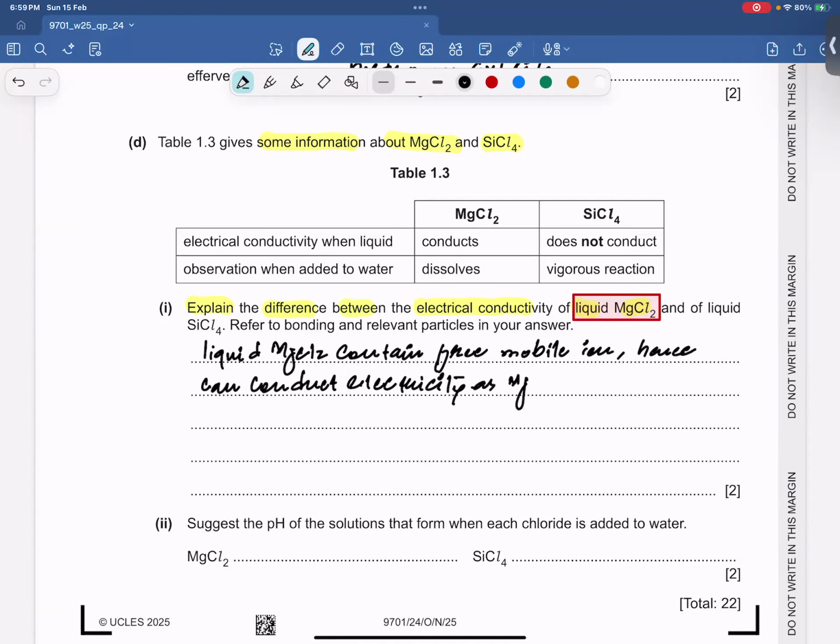As MgCl2 is ionic compound. On the other hand, SiCl4 is basically a liquid. So refer to bonding and relevant particles in your answer. Okay. SiCl4 is a covalent molecule and non-polar.